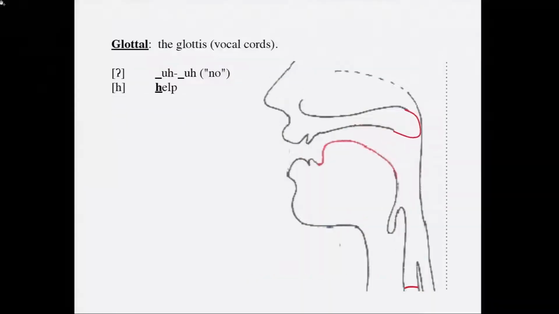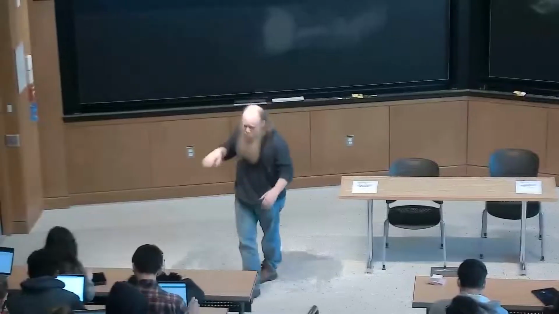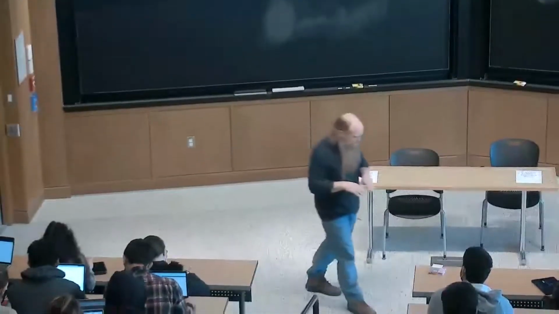And then going even further down in your throat, you've got the vocal cords, the glottis, this space that's down there in your throat around your larynx. Your vocal cords, sometimes called your vocal folds, this process that you've got back here in your throat for closing off the air, can be closed to make what's called a glottal stop.